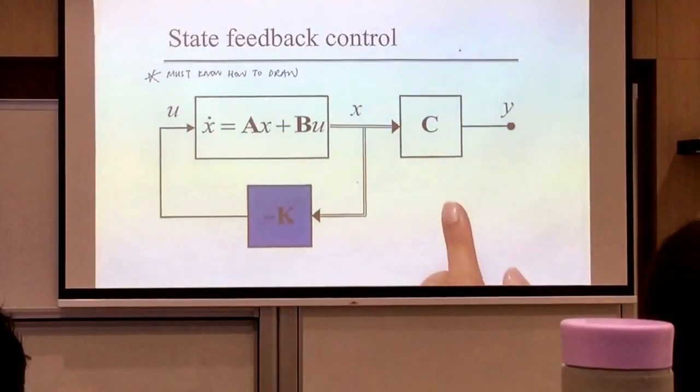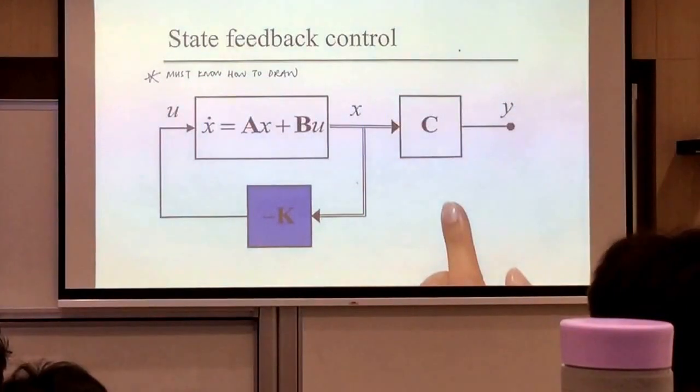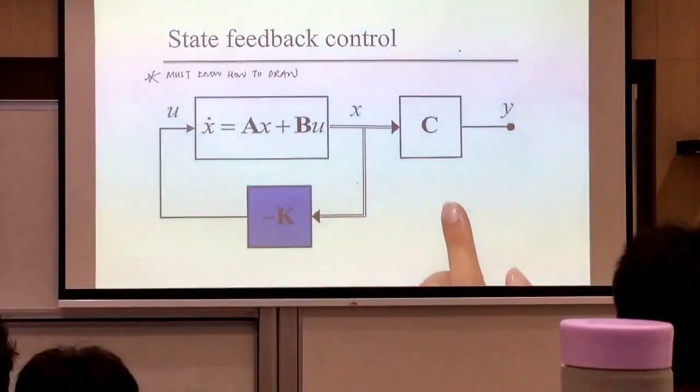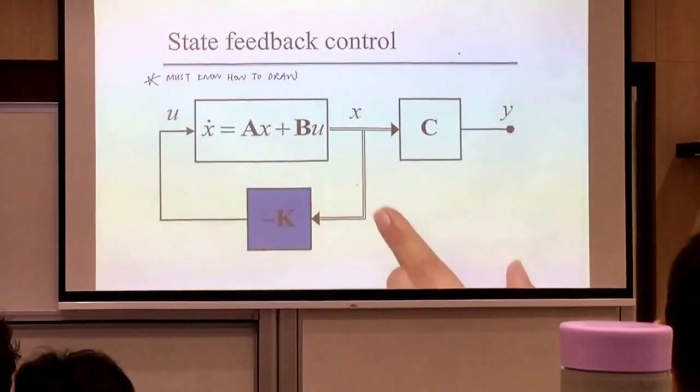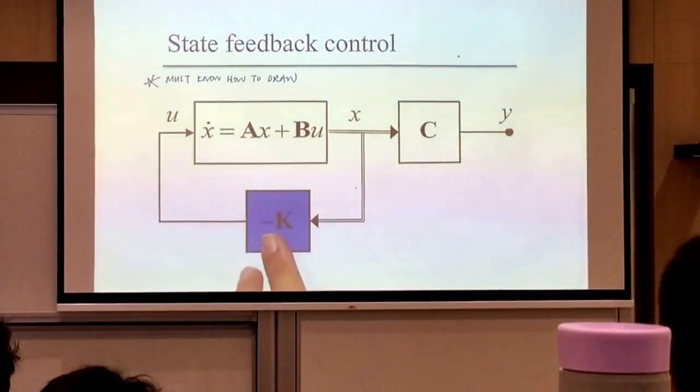Because this is state feedback control, we feed back the states with a negative state feedback K. The states are the double line for the vector, and K, which is a matrix, has a negative sign.